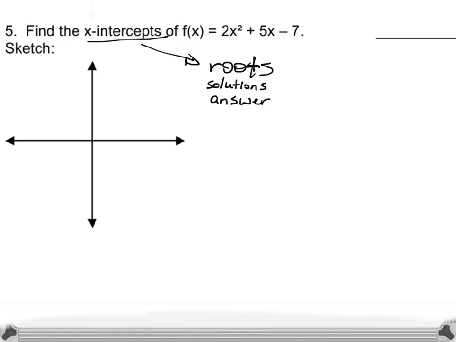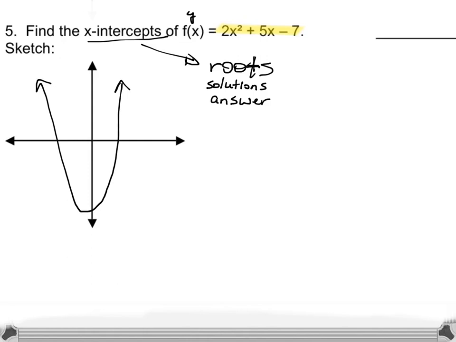Okay, so we've already got y equals, because f of x is the same thing as y. So you enter this in your calculator, the 2x squared plus 5x minus 7. It opens up because 2x squared is positive. And so you find that it's something like this.